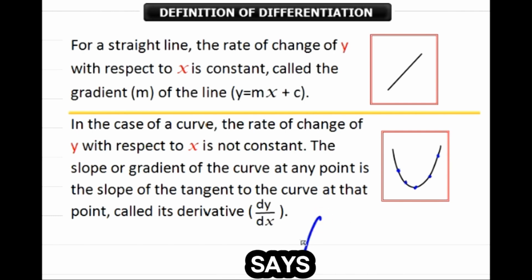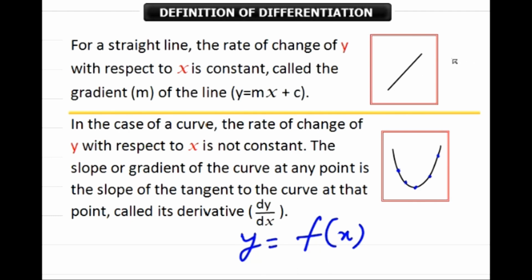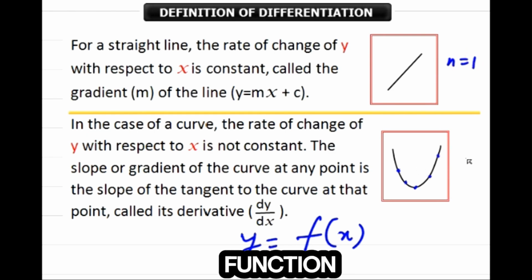This is a quadratic function. You can say y equals f of x. The same thing here, y equals f of x, but the equation of this line is a straight line. The highest power of x here is 1, so n is equal to 1. But for a quadratic function, n is 2.